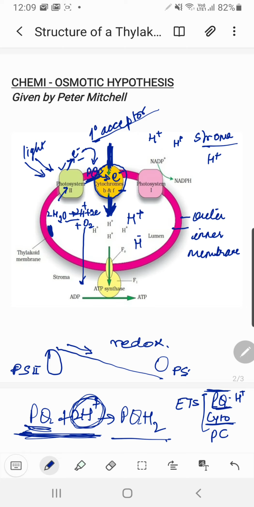The hydrogen is becoming higher in concentration inside the lumen, causing a high concentration of hydrogen inside the lumen and low concentration of hydrogen in the stroma. So you may call it the proton gradient or concentration gradient phenomenon. Therefore hydrogen has to be released out in order to balance the concentration inside the lumen.